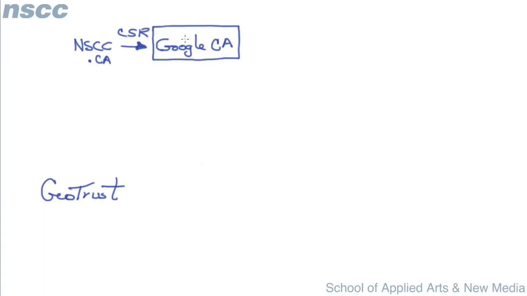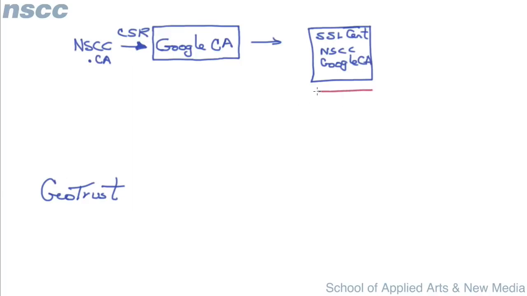So what Google CA does is Google CA will issue an SSL certificate, and it will, of course, have information about NSCC there. It will list Google CA as being the intermediate CA. And, of course, all the certificate information.